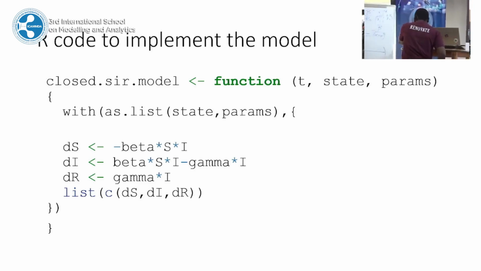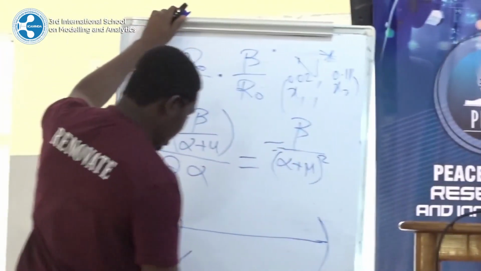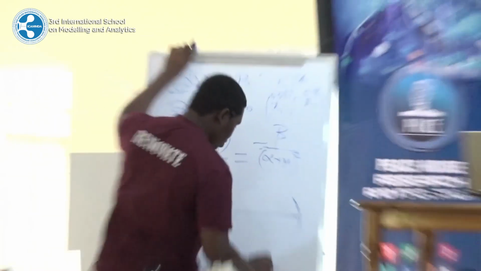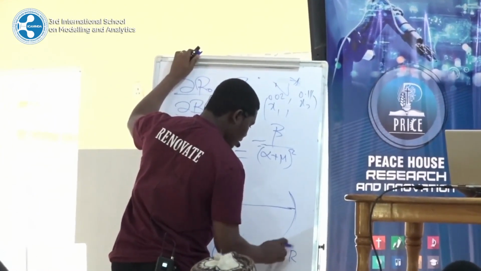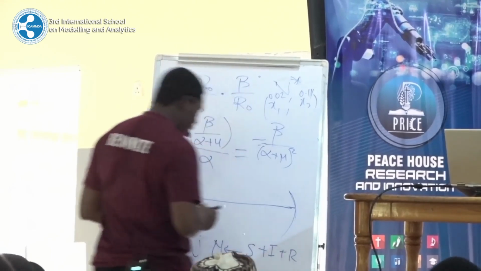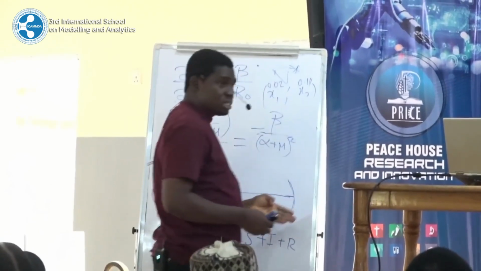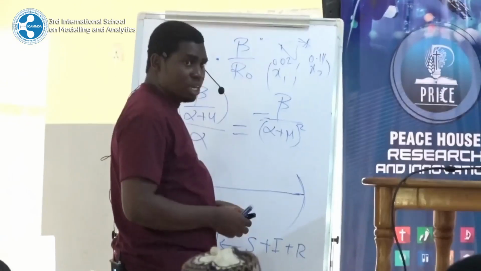I should have written N to be S plus I plus R, so wherever it sees this, it takes it as N. Is that okay?